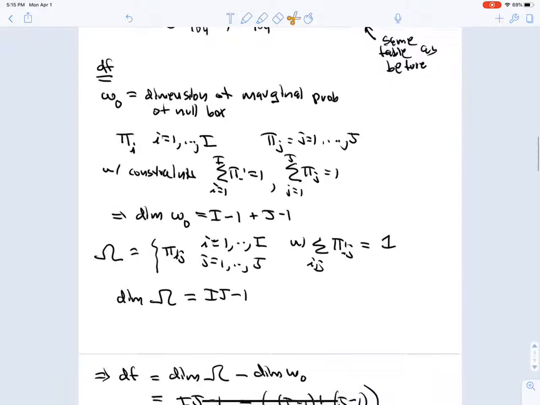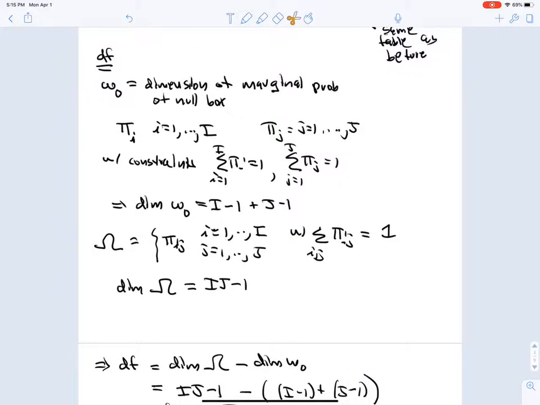Now, capital omega is the sample space, which consists of I times J free probabilities, except that we have one constraint, that their sum is 1. So we have IJ minus 1 for the dimension of that.